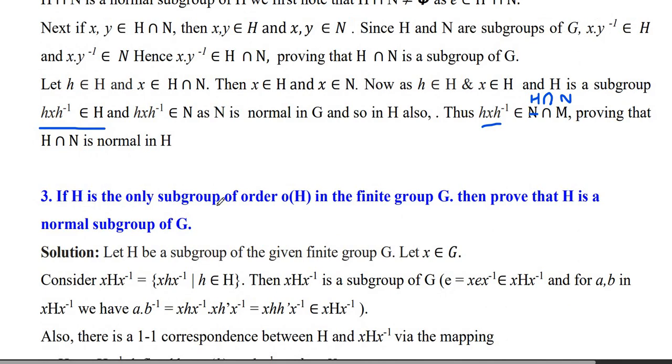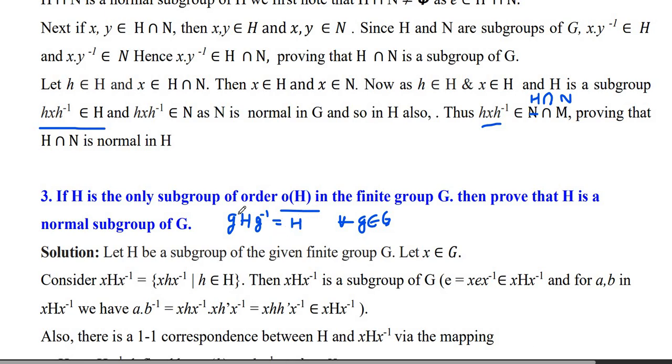Now next one: if H is the only subgroup of order o(H) in the finite group G, then we have to show that H is normal in G. See, to show that H is normal in G, this is the technique that is used: if we have g H g inverse equal to the whole of H, for every g in G, whatever may be your g in G, if you are able to have this, then your H will be normal.